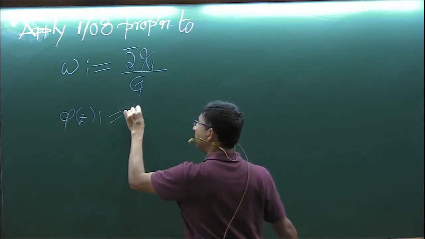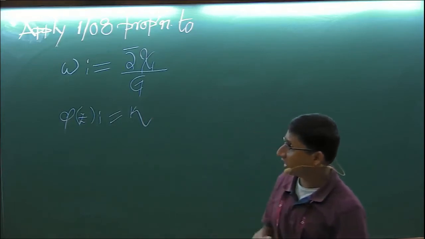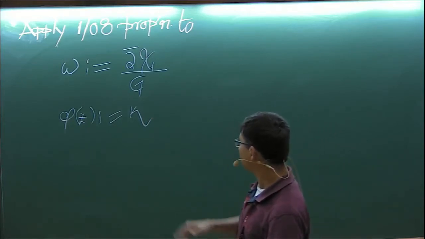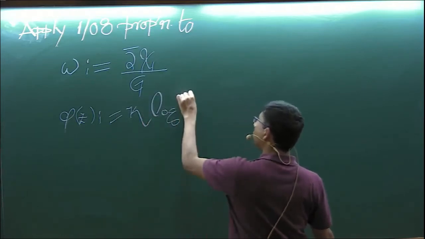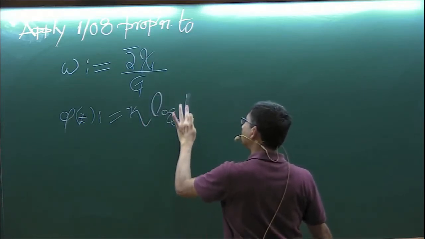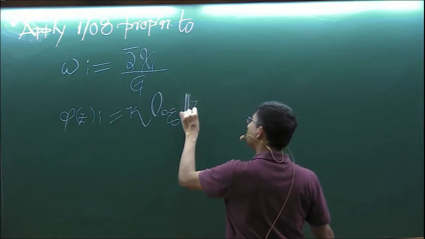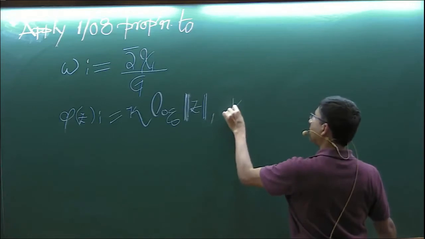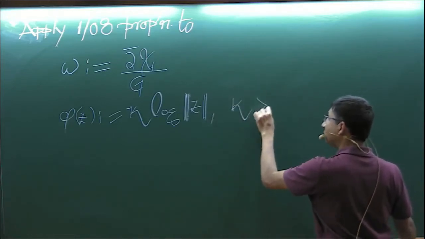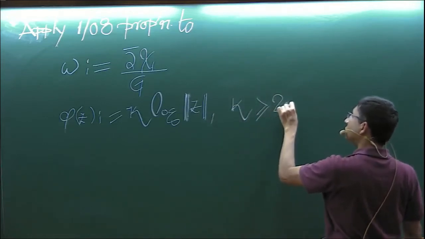say, kappa. I'm running out of constants. I've used k and I've used j earlier. So let's say kappa times the log of mod z, and I want kappa to be greater than or equal to 2n.